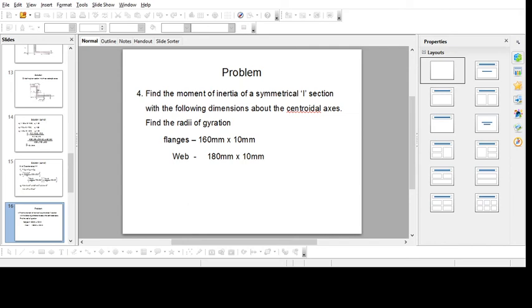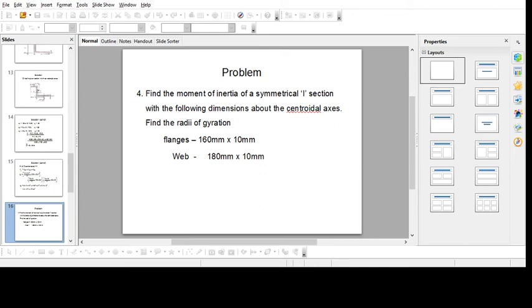So the x term is simply 160 by 2, nothing but 80, right?